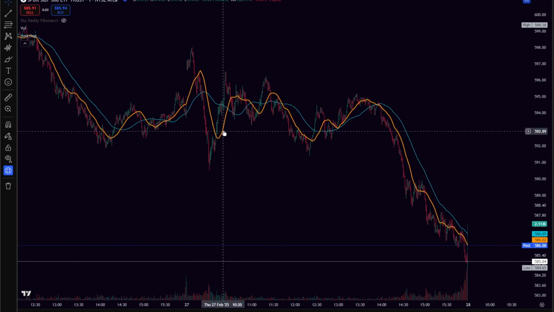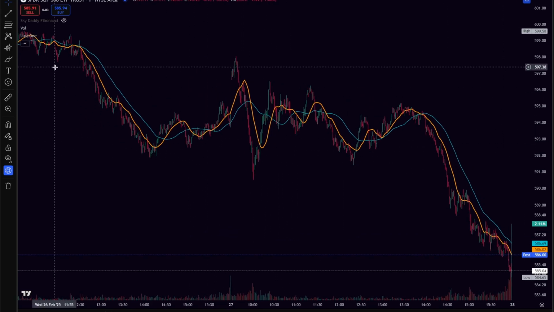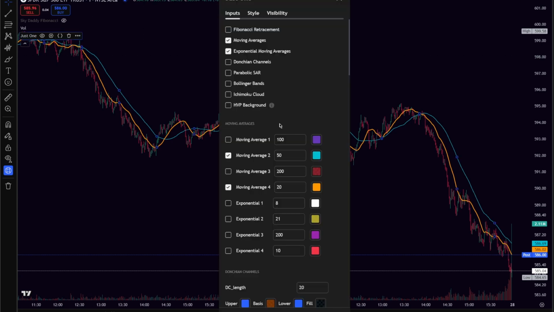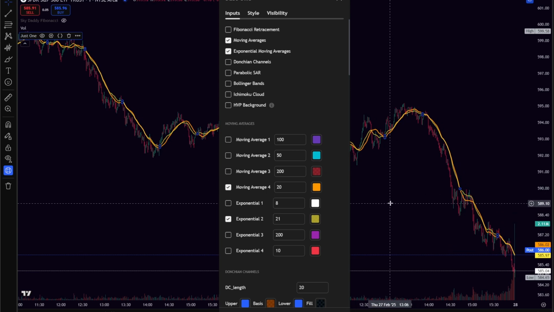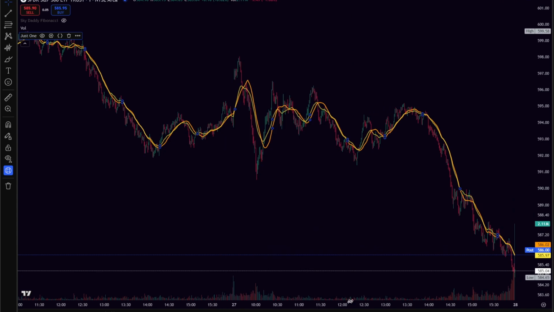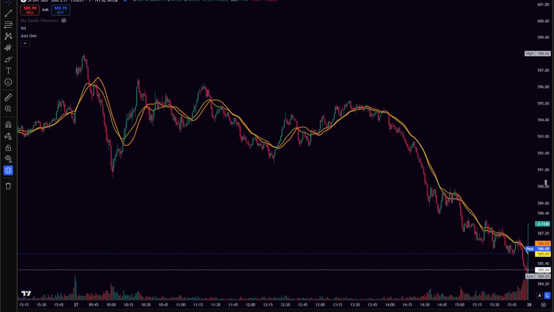The one thing that I always talk about is the 21 moving average interaction with the 20 moving average. So we're going to pull up the 21 EMA, which is yellow, and the 20 moving average, which is orange. I'm hoping you guys can see my screen.